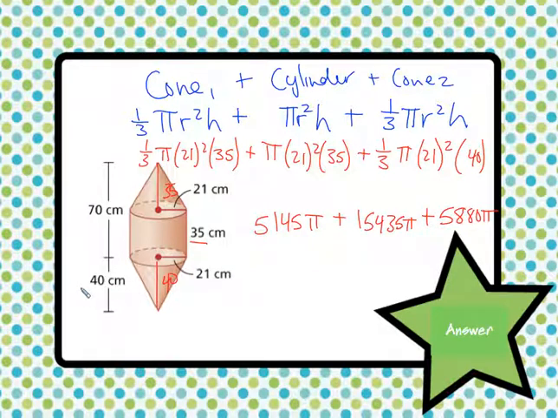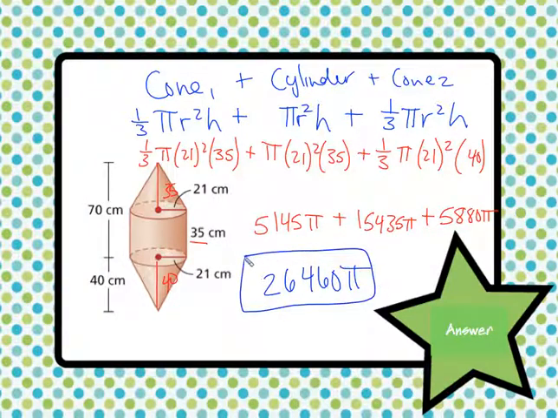This is going to be a huge number. So then the pi's behave like variables. So it's just like if you had an x instead of pi. You just add the numbers in front. So I'll add 5,145 with 15,435 and with 5,880 and get 26,460 pi. And boy, I hope that's right. I like it when we get it right.